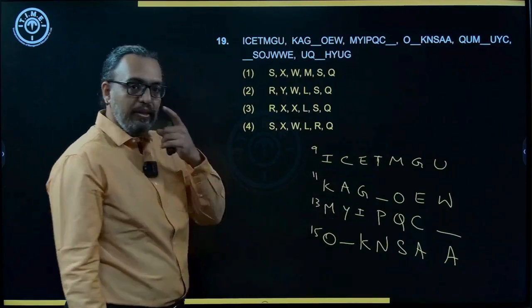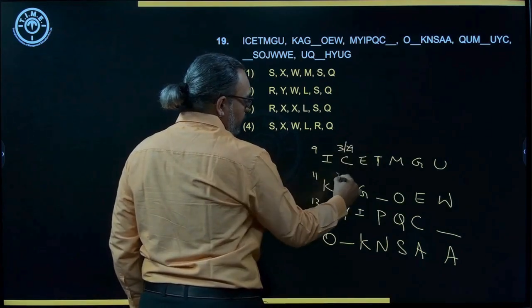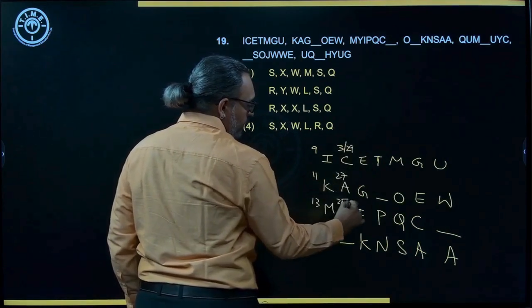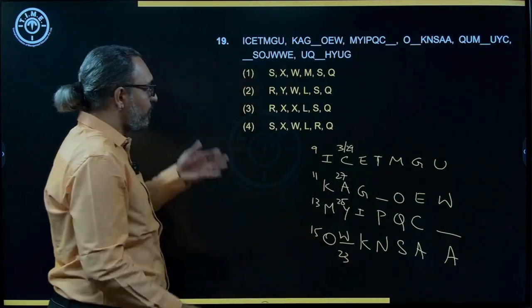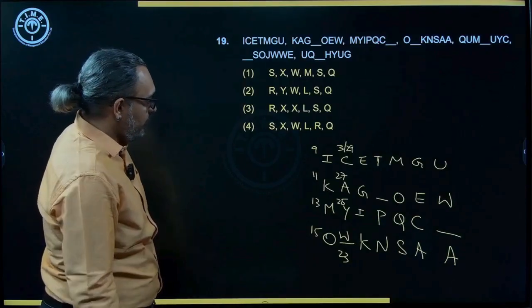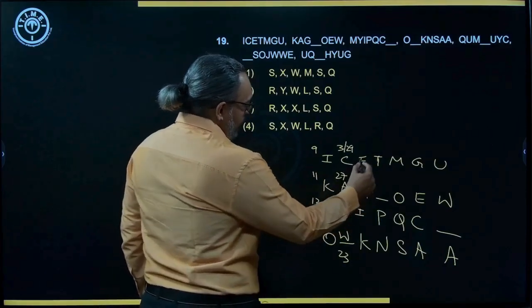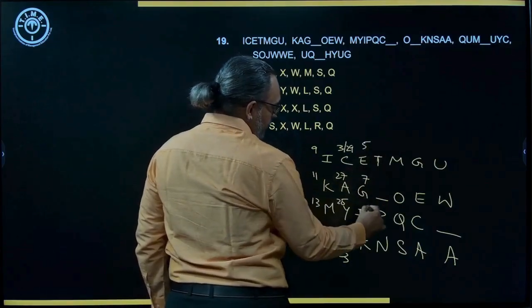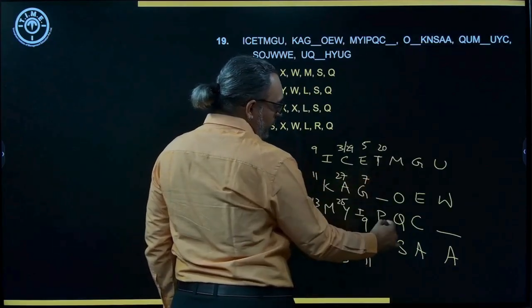Okay, correct. Then you have 29, 27, 25. So 23, W. Then you have 5, 7, 9, 11. Then you have 20.